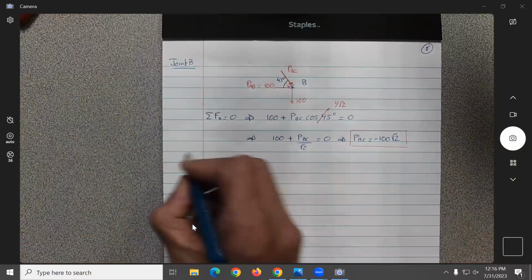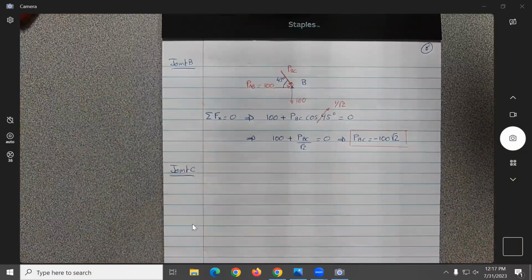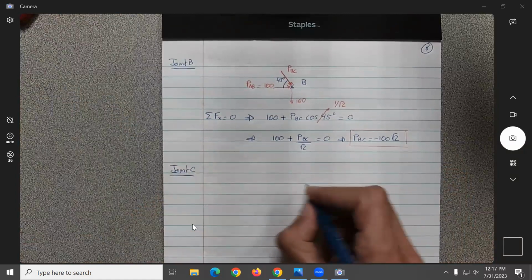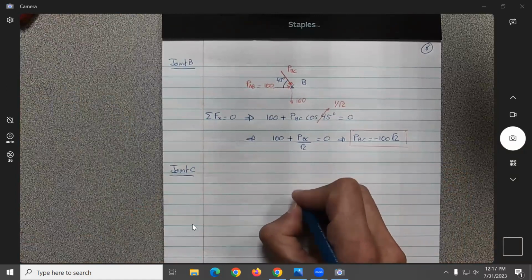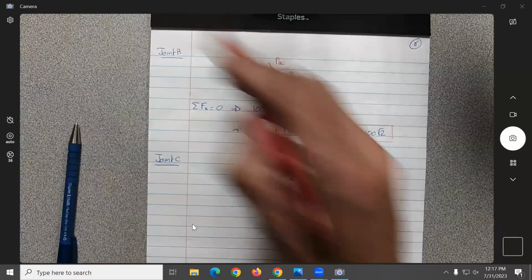Okay, finally, we move to joint C, which is the one on top. So let's see, what do we have at point C?